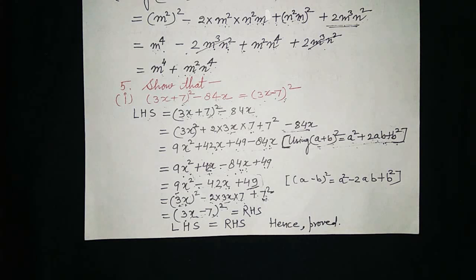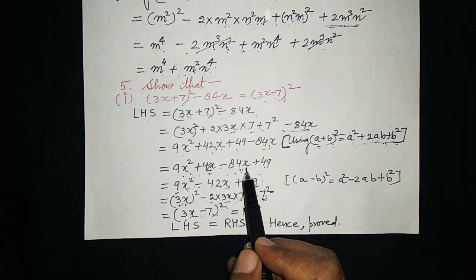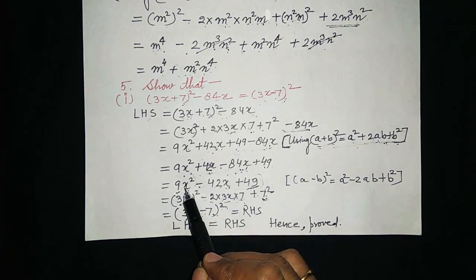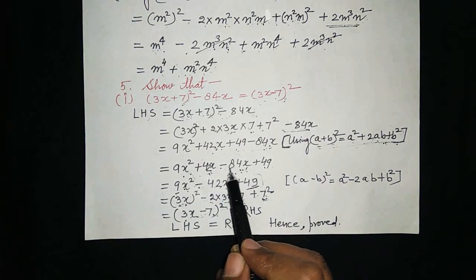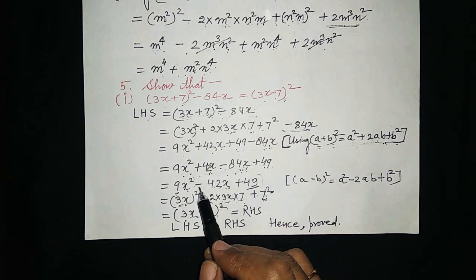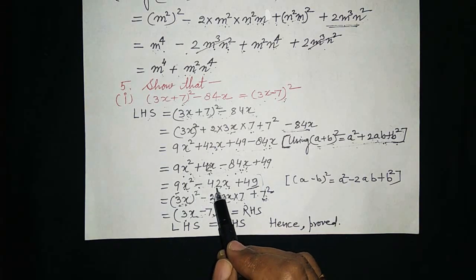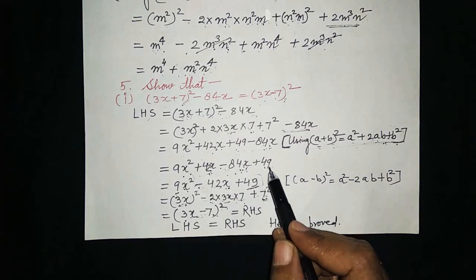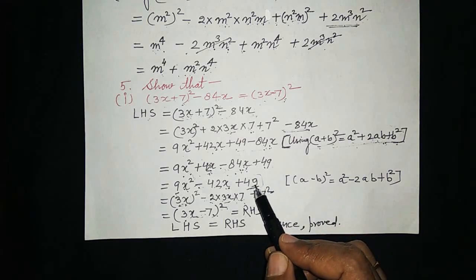Now we will solve these two like terms. First we write 9x square. Now 42x minus 84x, here we will get minus 42x. Now at last 49.